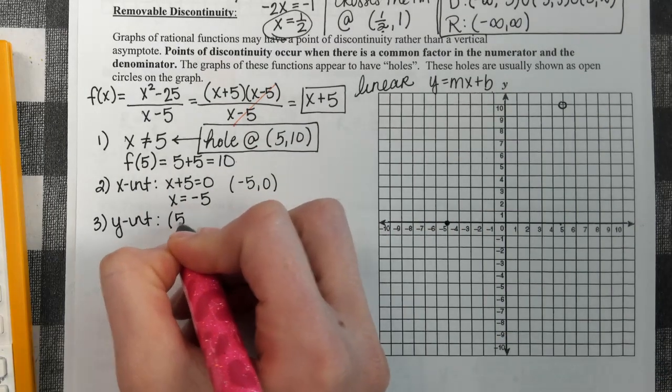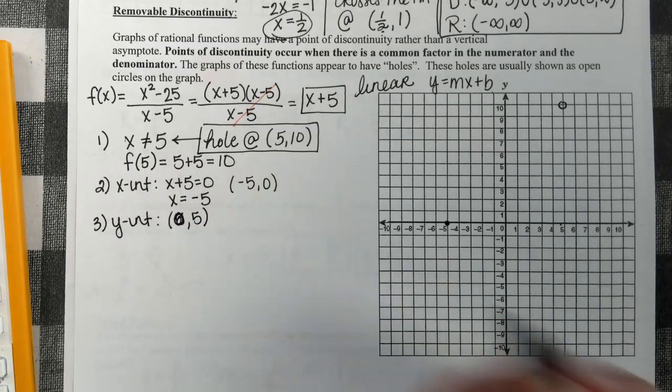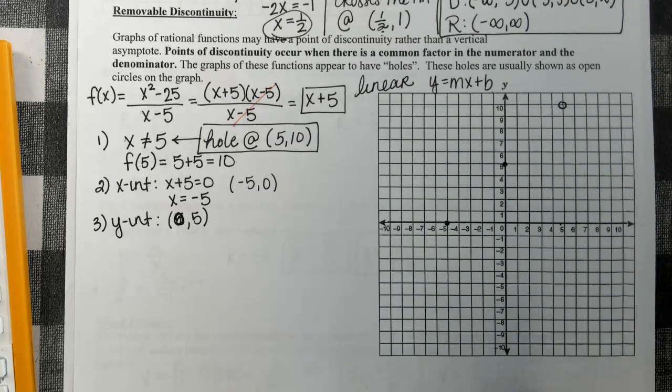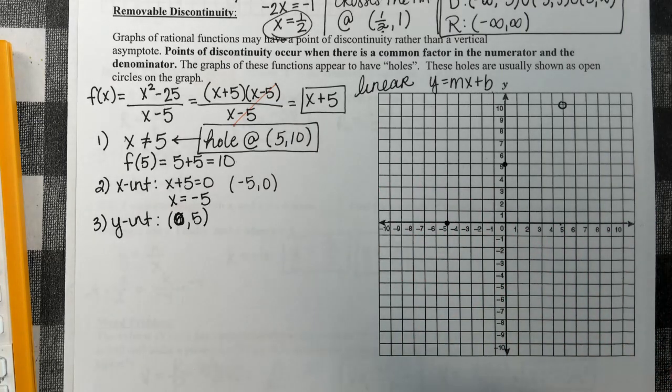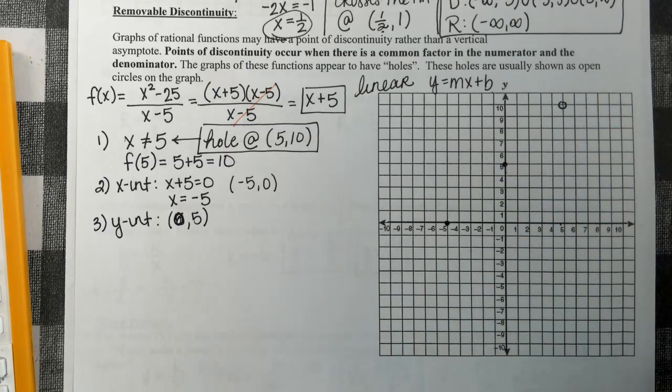Okay, so it should be 0, 5. What do I know about my slope? 1 over 1. It's just 1. So I'm not going to ever put linear in my graphing calculator because you should be able to graph that. But if you plot your points, you have enough to make a line.